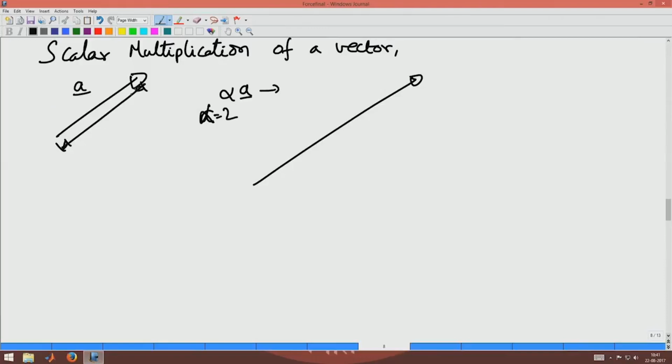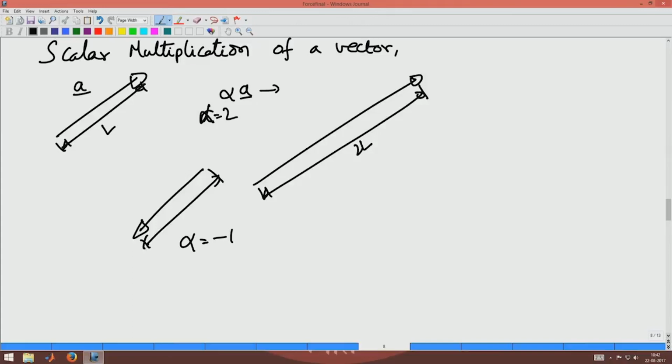This length was L, this length has now become 2L and direction remains the same. On the other hand, if alpha were to be minus 1, the direction reverses and the length remains the same. This remains L, but direction is reversed, and if this is B vector, that is the B vector there. That is what scalar multiplication of a vector means.